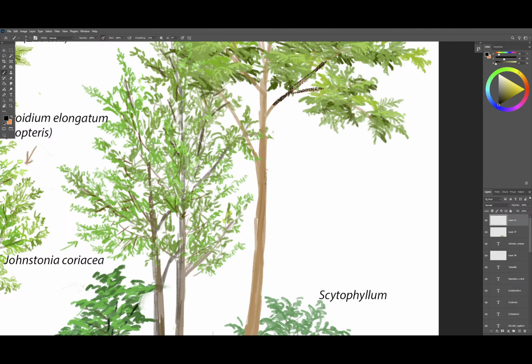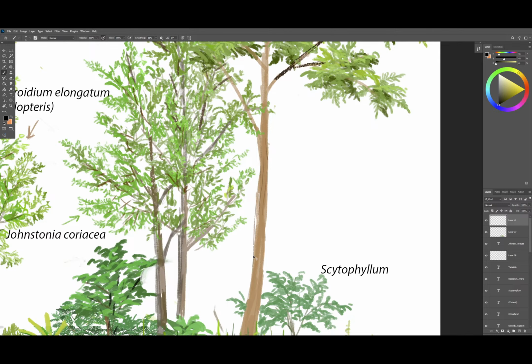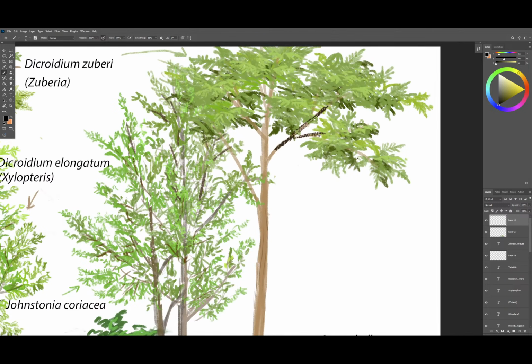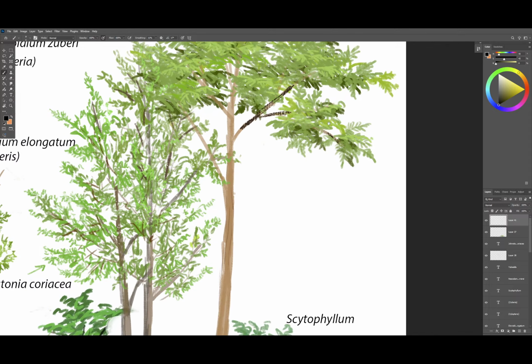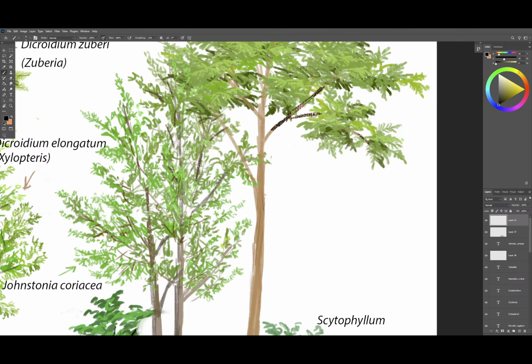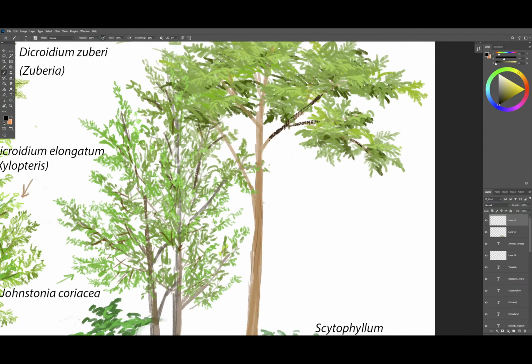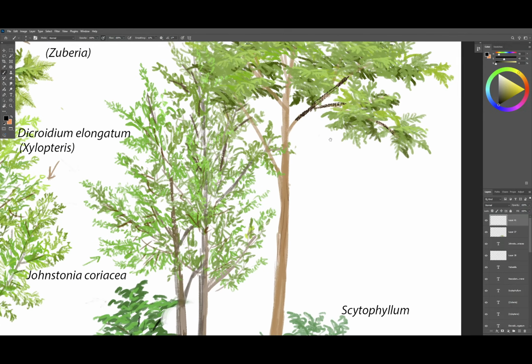Also, I need to mention that this is smooth and slightly bent. This is a characteristic that the bigger trunks have, but the smaller ones have scales, like a rhomboidal scale pattern. This is going to be important for the reconstruction.